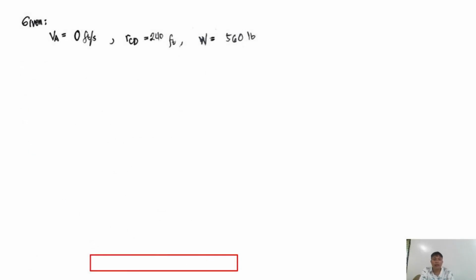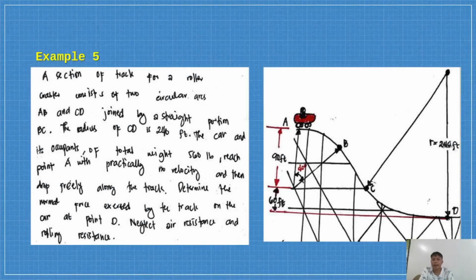Going back to our illustration, we have the arc, and at A this is the potential energy part, where this length is equal to 90 feet, then plus YCD equal to 60 feet.